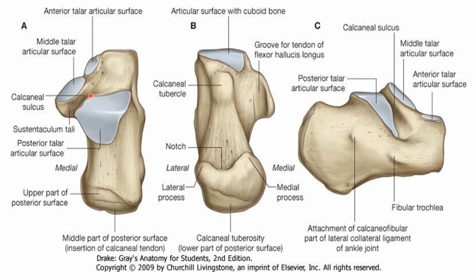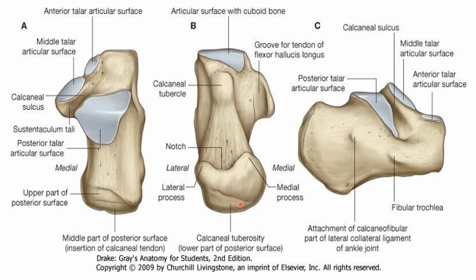Then the inferior surface or the plantar surface shows a prominence which is known as the calcaneal tuberosity. The lateral and medial parts of the calcaneal tuberosity extend further forward, and they are known as the lateral and medial processes.